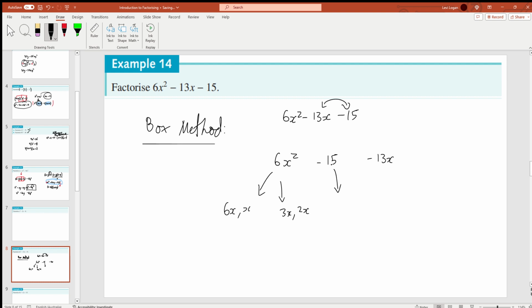Minus 15 is going to be written as, alright, it could be minus 5 and 3, or positive 5 and minus 3, or 1 and minus 15, or minus 1 and 15. So those are the factors that are in the back of my mind when looking at this problem here. But I'm just going to put them in the corner pretty much.